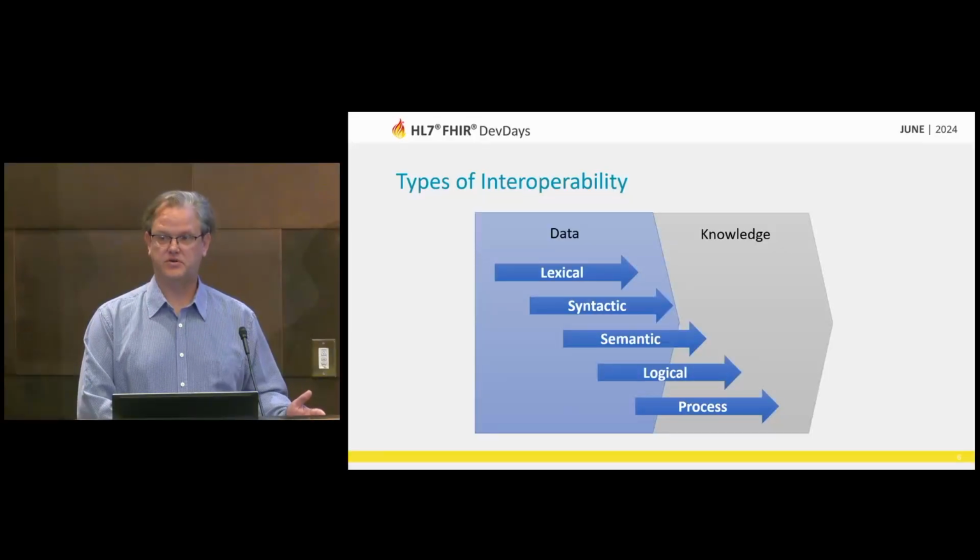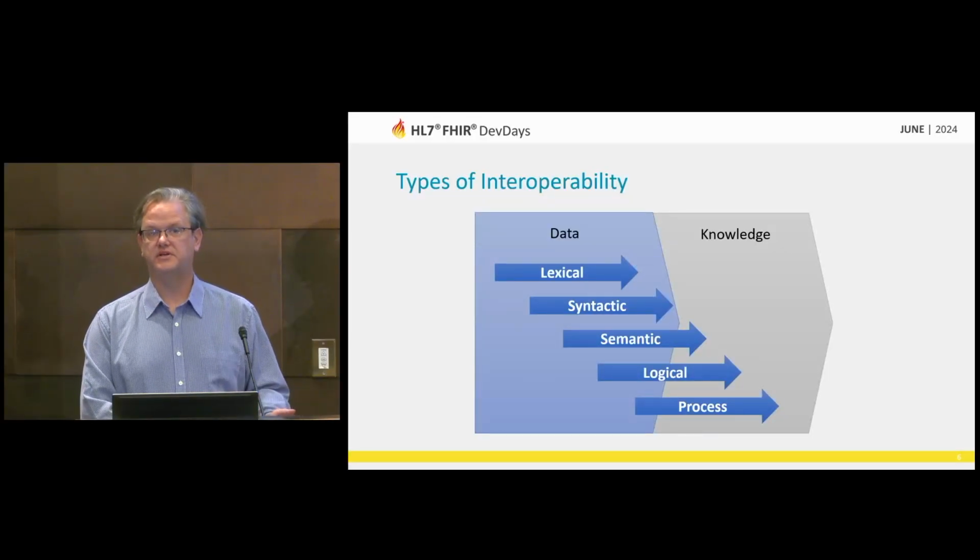How do we actually share clinical knowledge, clinical logic? So to get there, we start with talking about types of interoperability. FHIR enables data interoperability, but there's a spectrum of interoperability, from data interoperability through to knowledge interoperability. And there are different types of interoperability within that which get you to different points along that spectrum.